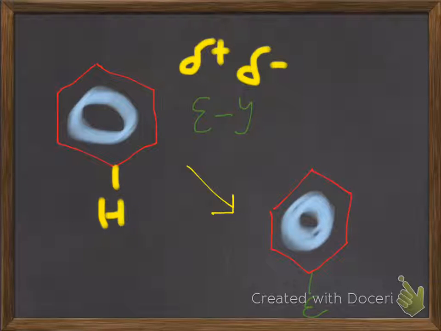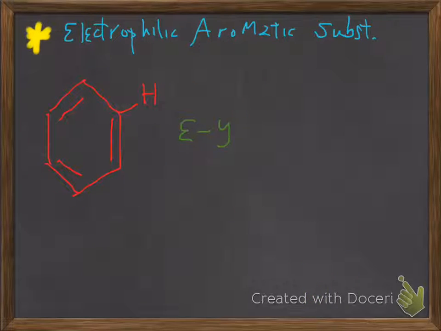Alright, so if we were on the board, I would put an asterisk by this. So this is the electrophilic aromatic substitution reaction. Once again, you need to know this mechanism. It's electrophilic because it's the electrophile that's going to be added to the benzene ring. It's not the nucleophile portion of the compound that does the reacting here.